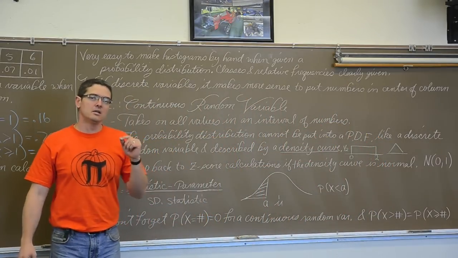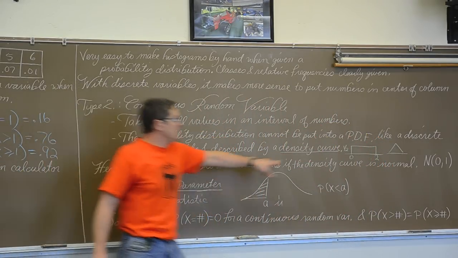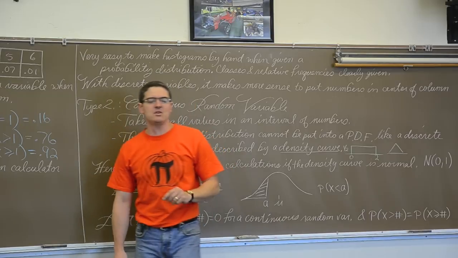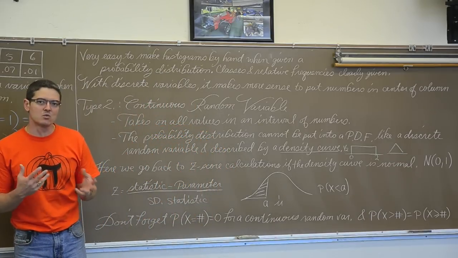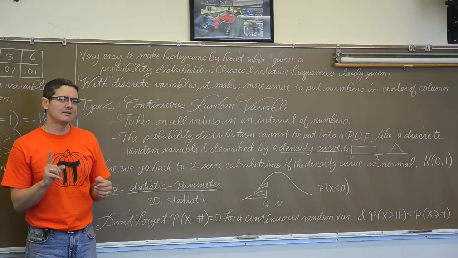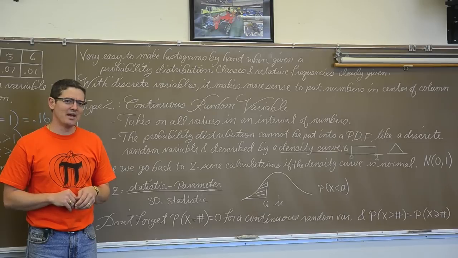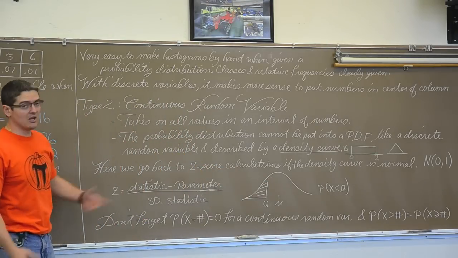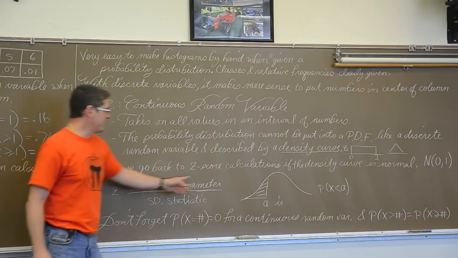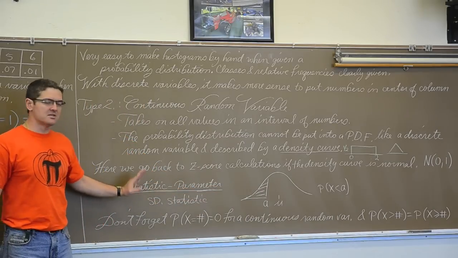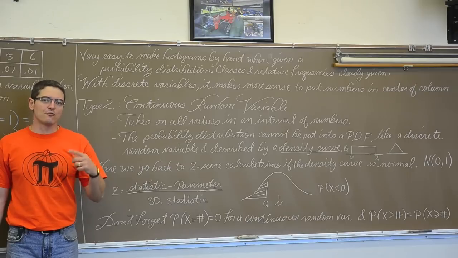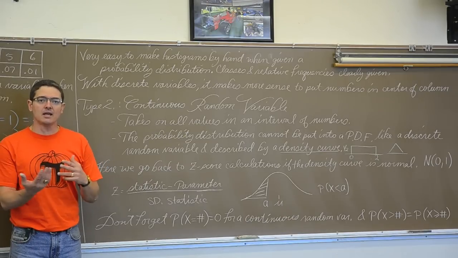The area is 1. Now, if you have these crazy geometric shapes, I don't know if a rectangle is all that crazy. You just find the area by doing length times width. If you have a bell-shaped density curve, you have to find the area under the curve by calculating the z-score, and then looking up that z-score to find maybe some tail areas.